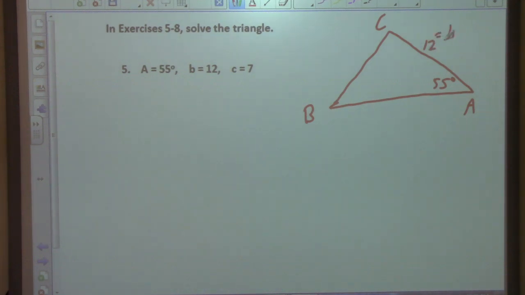That's going to be little b. And this one over here, this little c, is going to be 7. Now I realize that that's not anywhere close to accurate, right? But you can still use this.